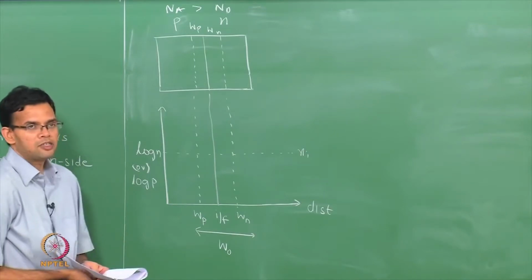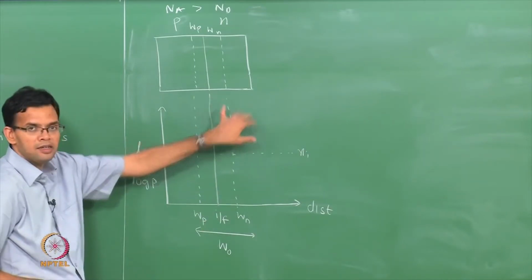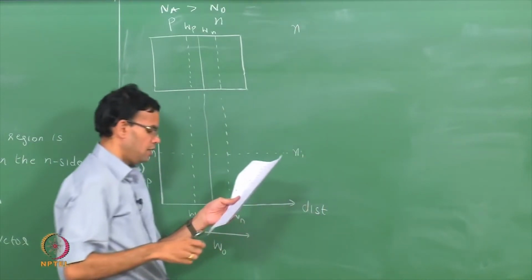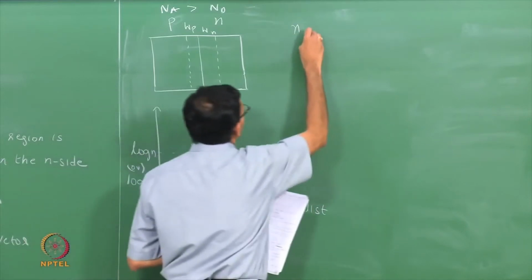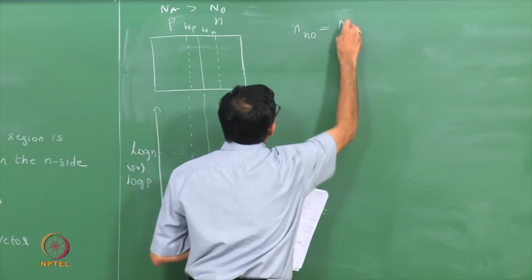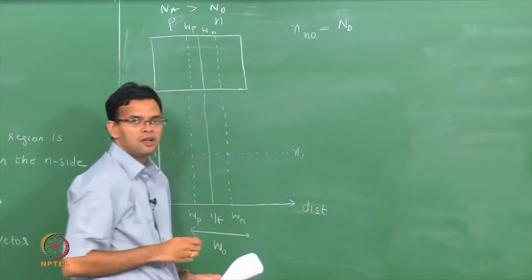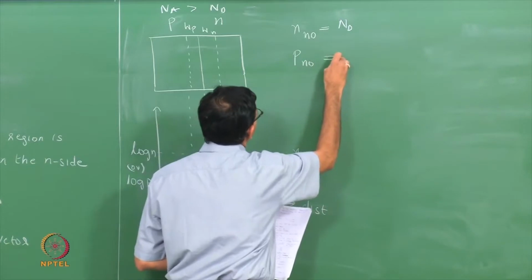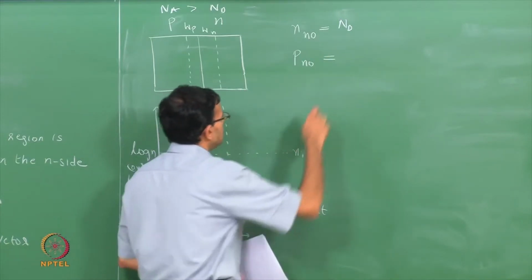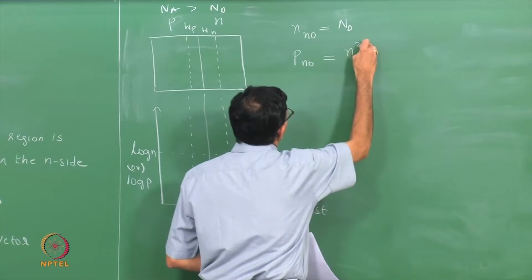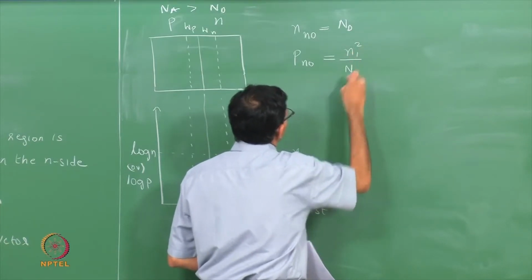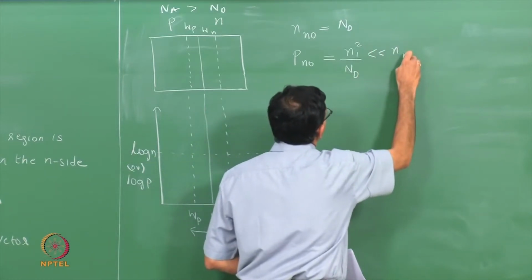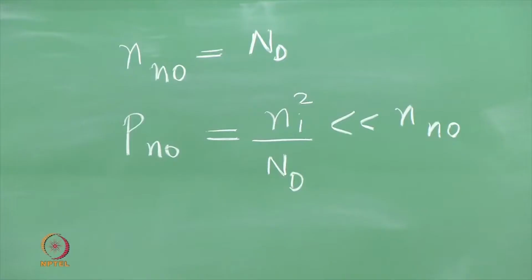In the case of electrons, and you are on the n side, the concentration of electrons n in the n side, let me call it n0, is nothing but Nd. The concentration of holes in the n side, we can use the law of mass action, it's nothing but Ni square over Nd, and usually this is much less than Nn0.